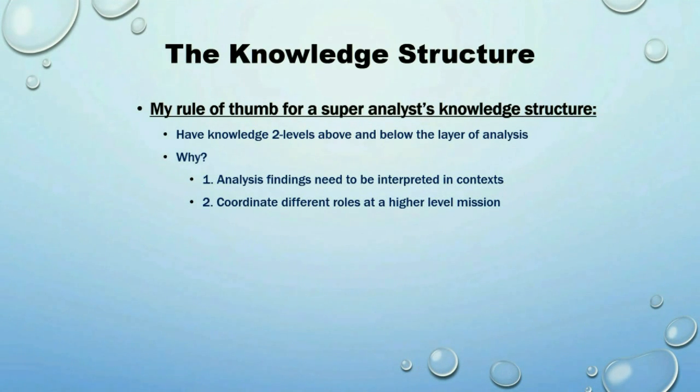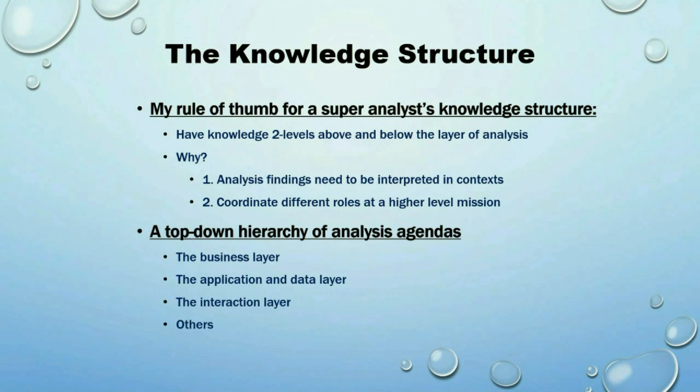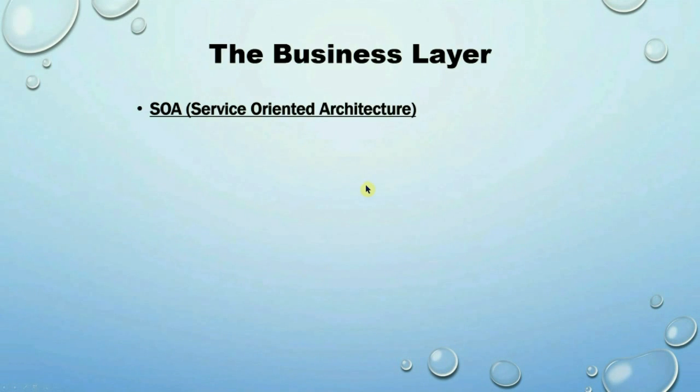That said, now let me first lay out a high level roadmap for developing my list of analysis agendas. Now, I will progressively work at several layers of analysis agenda shown here. At the business layer, a super analyst certainly needs to understand the business strategy, the market strategy, your customer base, etc. But more concretely, a super analyst first needs to understand the SOA.